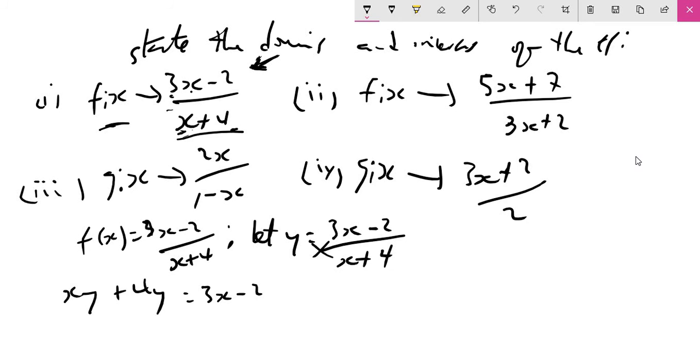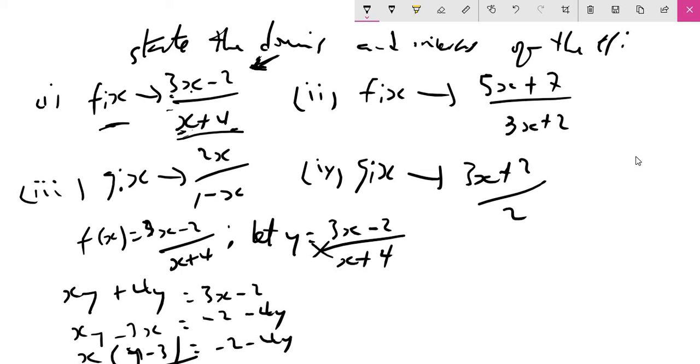I gather like terms, so I bring the x terms here and send the y term down. So I get xy minus 3x equals minus 2 minus 4y. I factorize x out. This gives x times (y minus 3), and this is equal to minus 2 minus 4y. I can divide both sides by y minus 3.